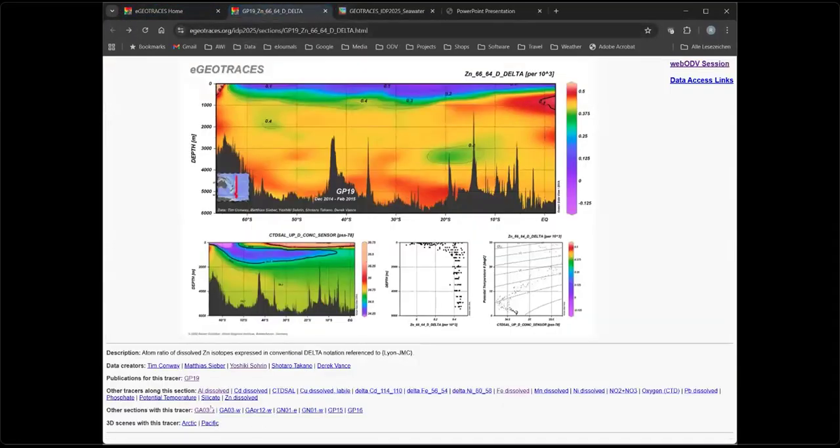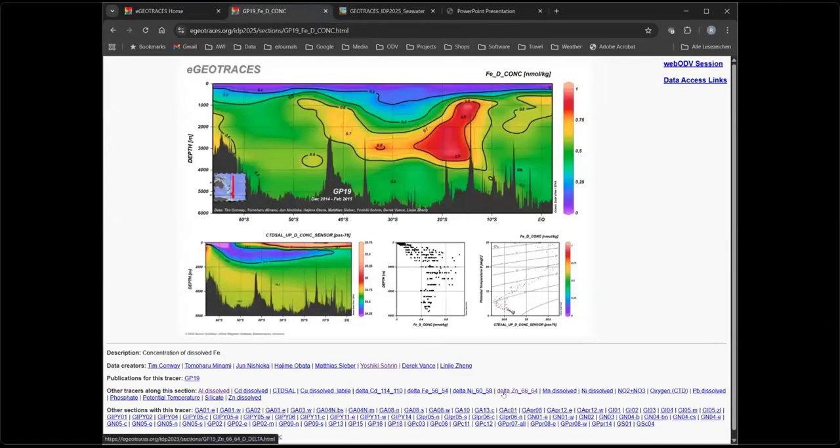And finally, as a last thing that always has been available, if you are interested to see a different tracer along this section, you go into this line here, for instance, iron.